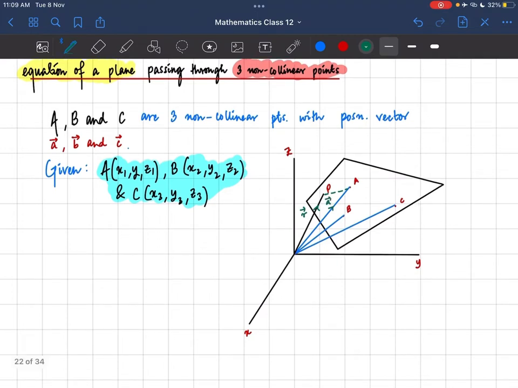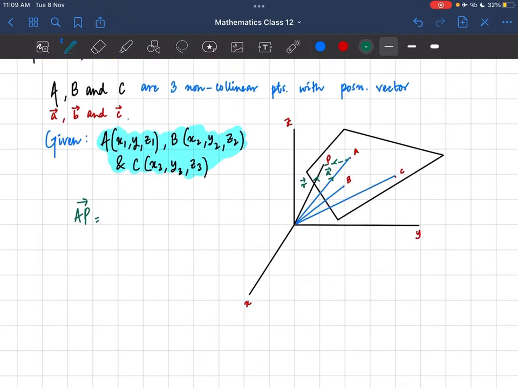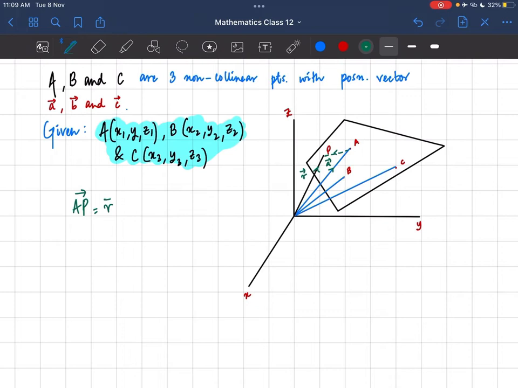So the AP vector will be given by the position vector of P minus the position vector of A, so it becomes R minus A. This is the vector AP joining the points A and P. We know that it is terminal minus initial, that's how we find any vector.